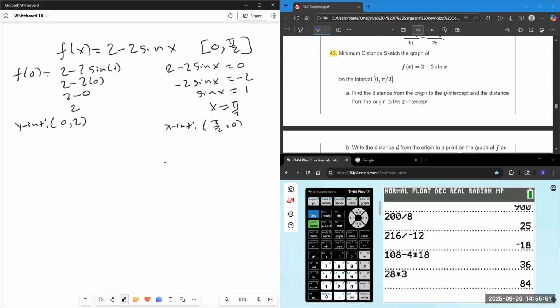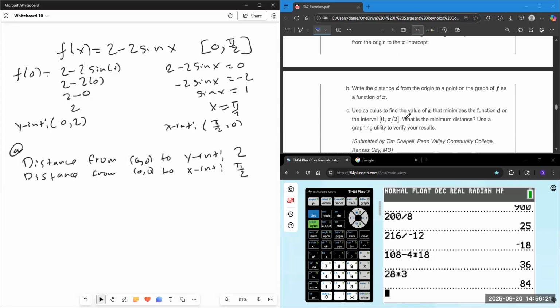All right, so distance from 0, 0 to y-intercept is 2. Distance from 0, 0 to x-intercept is pi over 2.